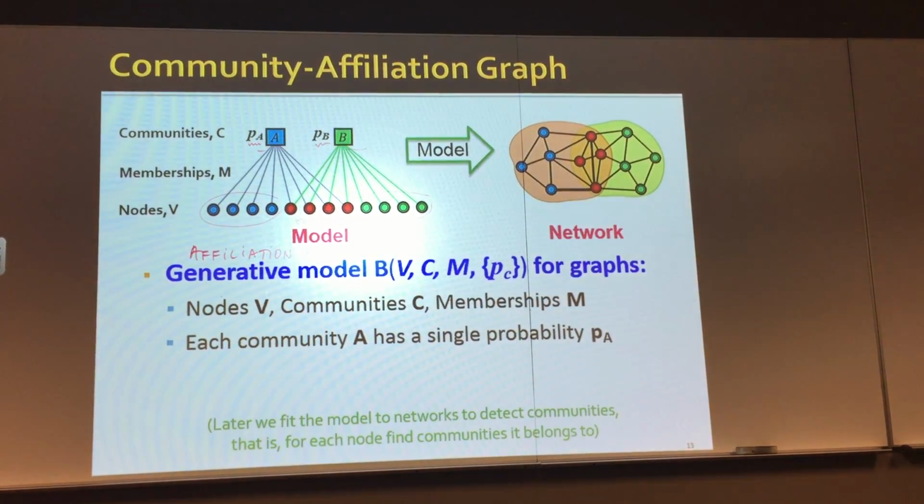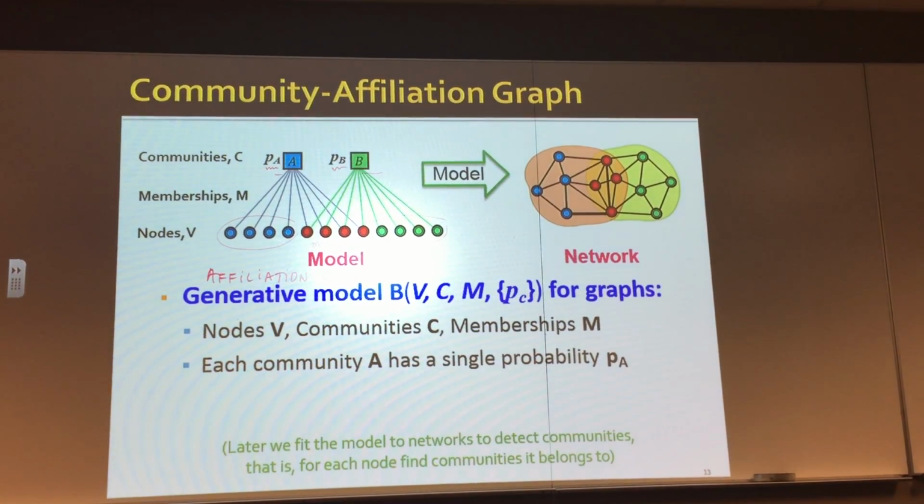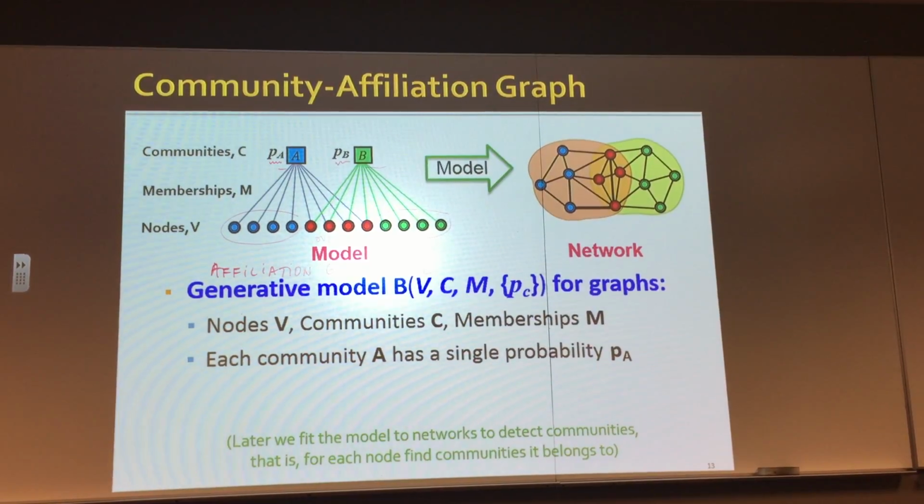So what is the likelihood that two nodes will connect if they belong to the same community?